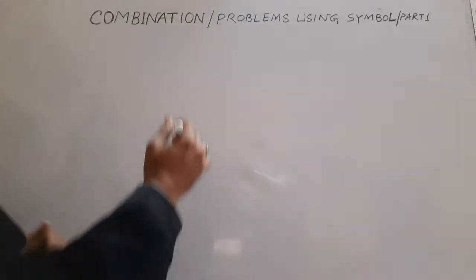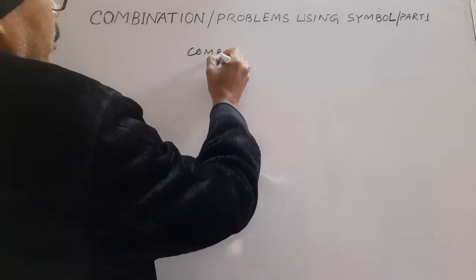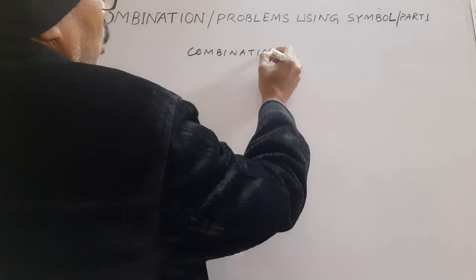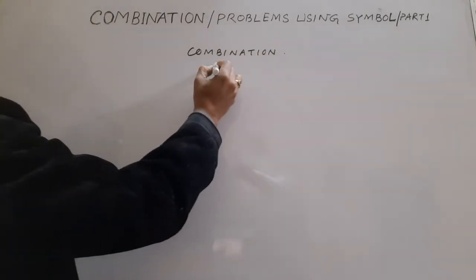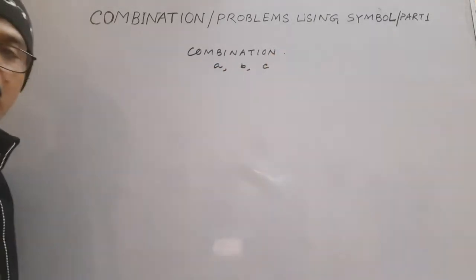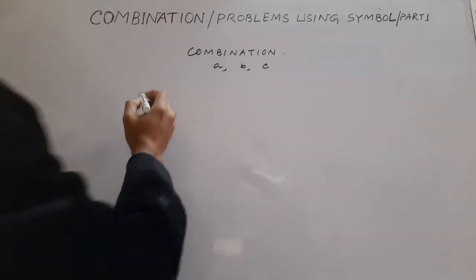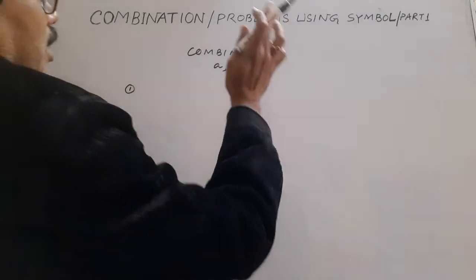Listen again. What is combination? Suppose A, B, C are three things, and we like to select from these three things.